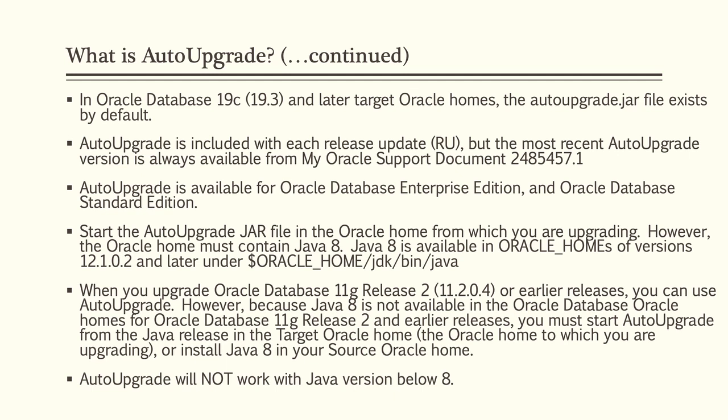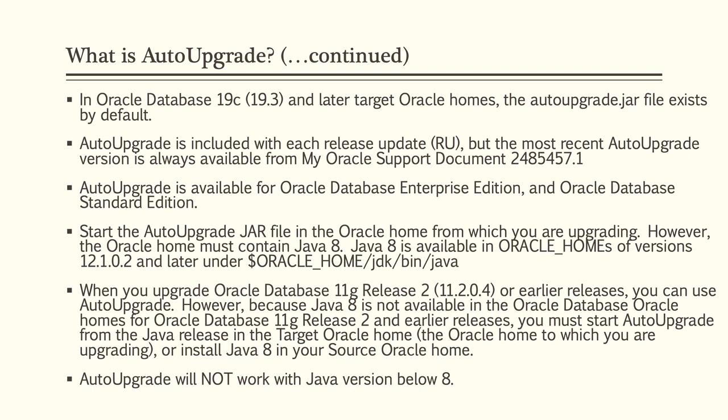But then somebody said, what if I want to run it from a 12.1 Oracle home? There are certain reasons why you would need to run it from the source Oracle homes. This is especially true if my source database is on a different Linux machine and my 19C is on a different server.